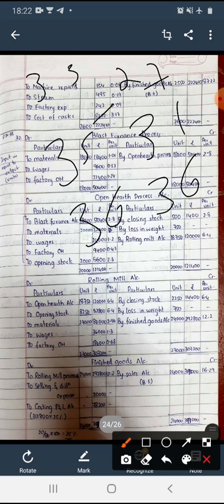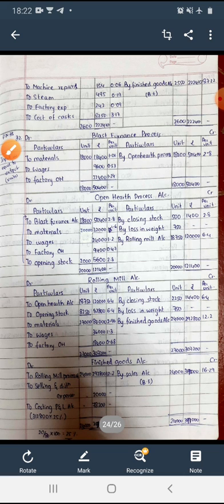These are the homework problems. In these problems there is no new adjustment. Just refer to the previous problems and work them out. Next we'll see one more problem under this.